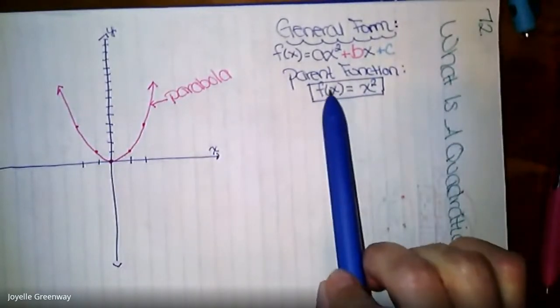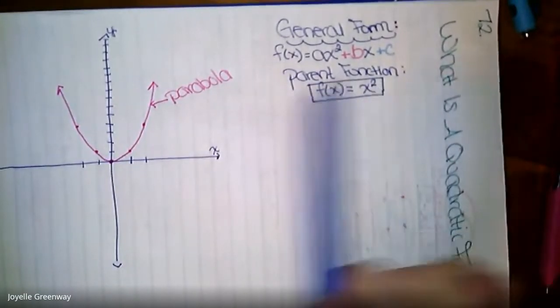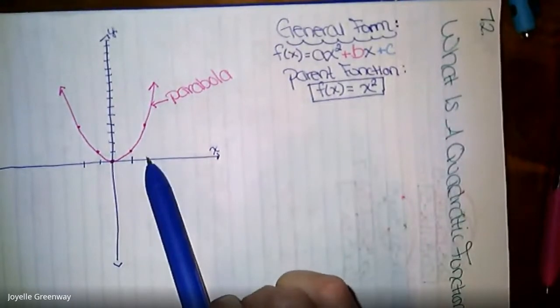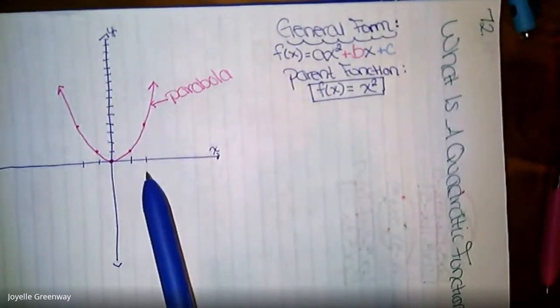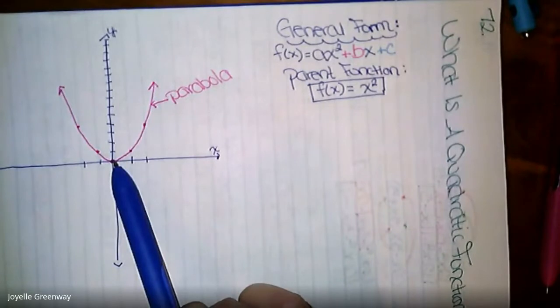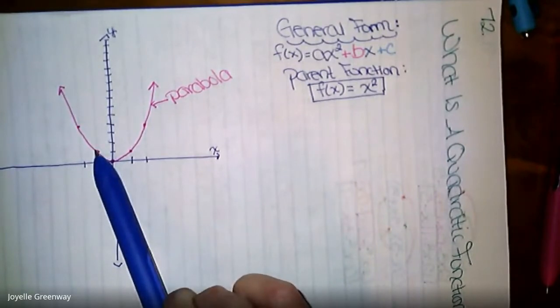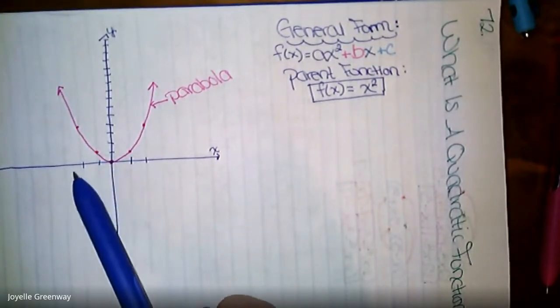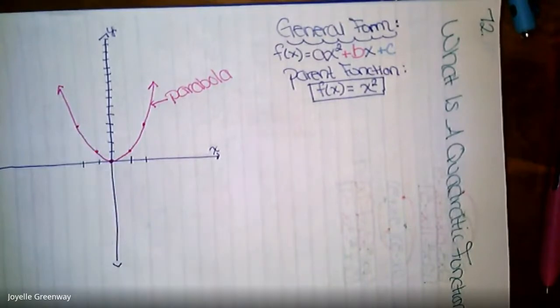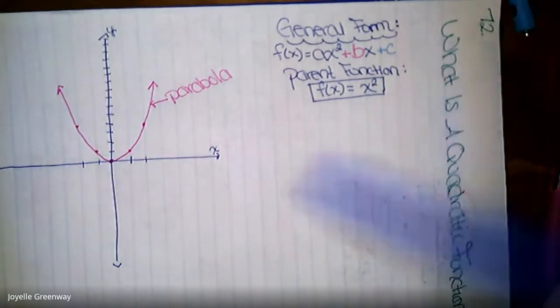Because if I put in 1, 1 squared is 1. If I put in 2, 2 squared is 4. If I put in -1, -1 squared is 1. If I put in -2, -2 squared is 4.